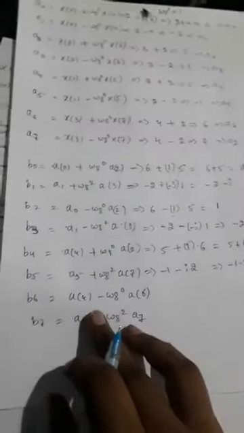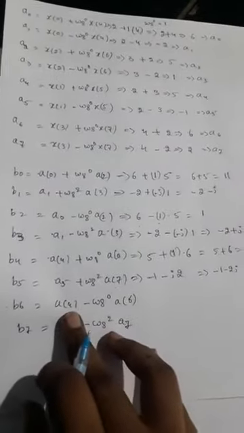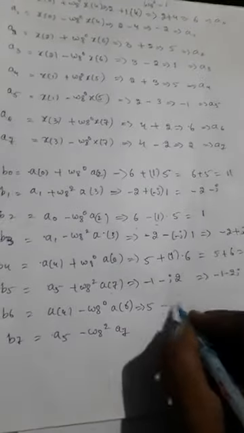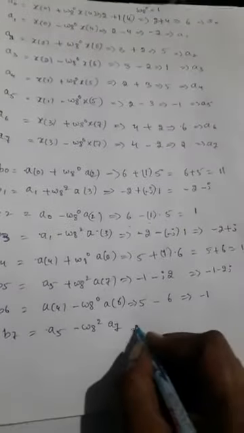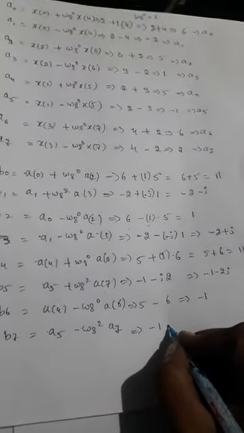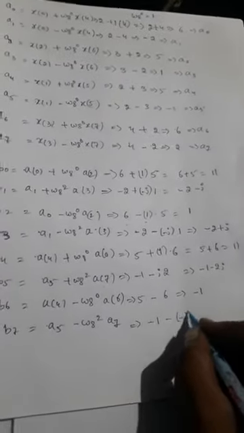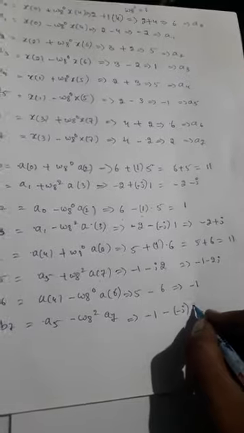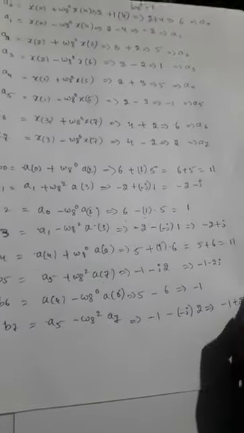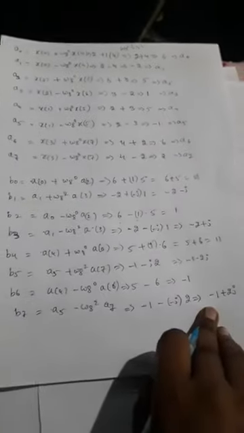Next is a4 value is 5 minus 6 equals minus 1, and next a5 value is minus 1 minus of minus j and 2. The value is minus 1 plus 2j. These are the values for b0 to b7.